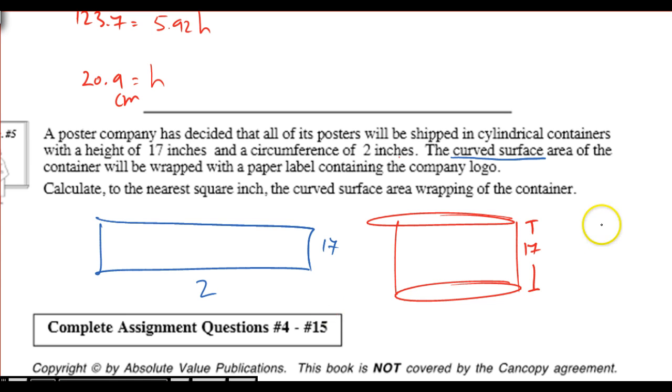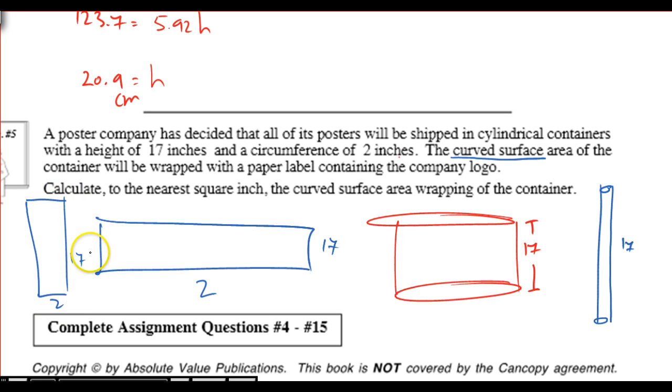My diagram really should have been like this. Obviously, it's for a poster, so this is 17, and the circumference is 2. When you unwrap that, you get a rectangle that looks like this with 2 inches and 17 inches here. So the area is 2 times 17, 34. 34 inches squared is the curved surface area.